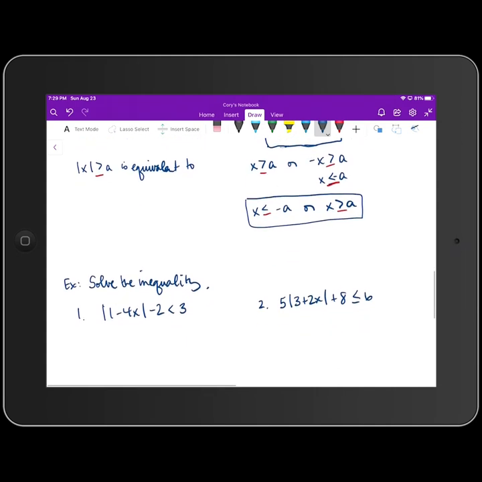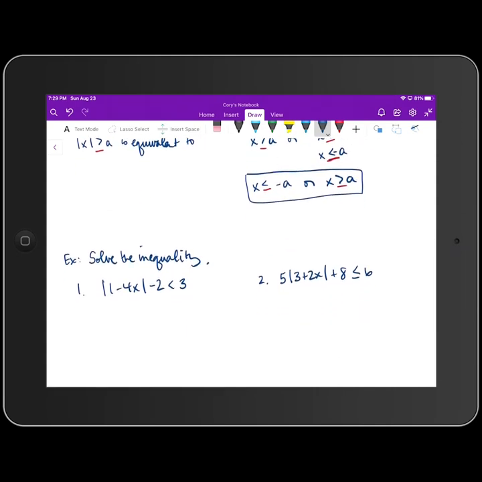Okay, so directions for all of these ask us to solve the inequality. And for number one, we have the absolute value of 1 minus 4x, minus 2, is less than 3. Our goal, just like with solving absolute value equations, is to isolate the absolute value expression.